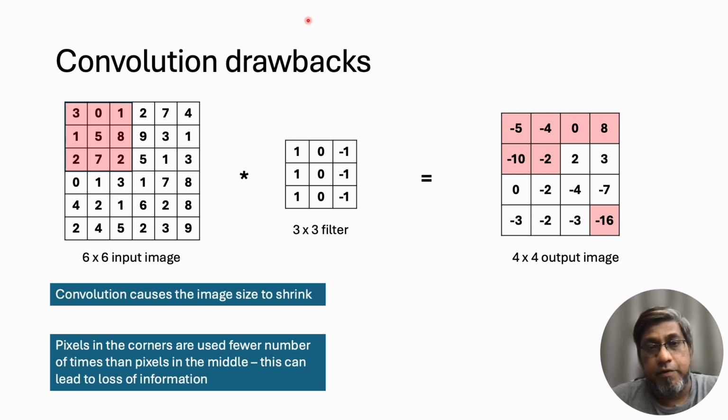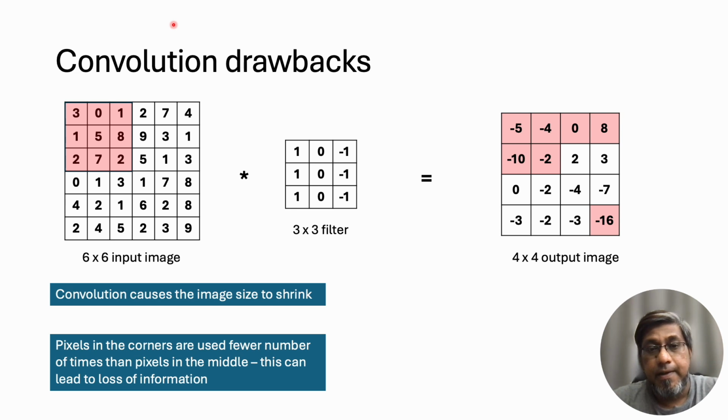One of the problems that we notice is that the operation of convolution causes the dimensions of the image to shrink. So the 6x6 input image is reduced to a 4x4 output image. So the dimension of the image is shrinking because of convolution.